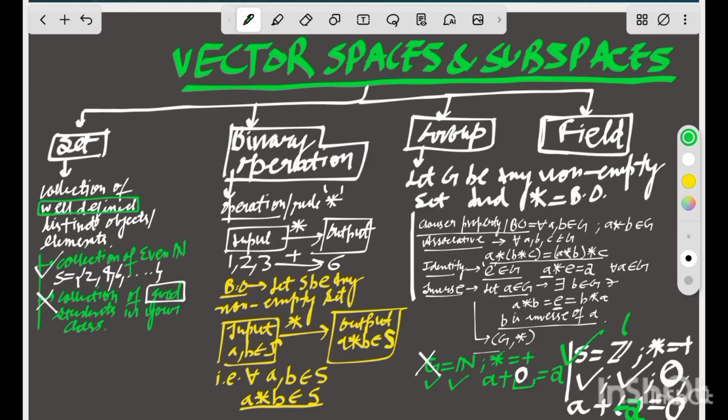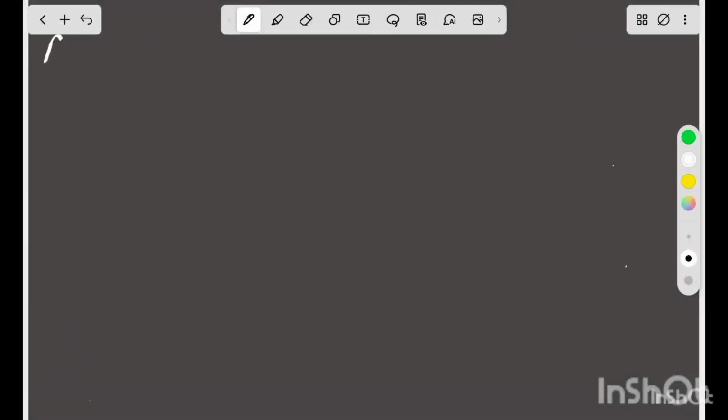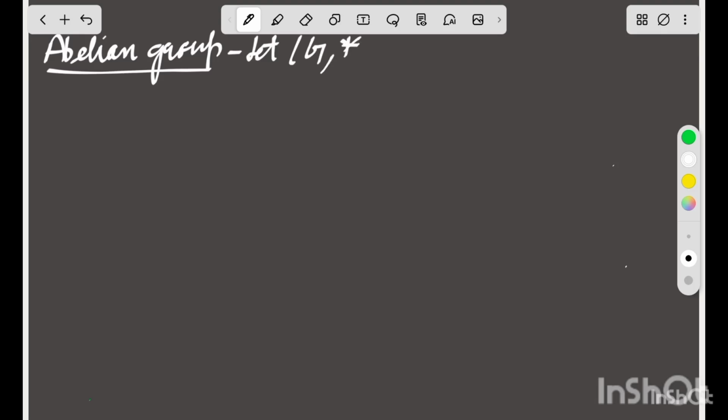We give the notation Z. Z under addition is a group. Next is the abelian group. Let G be a group with respect to an operation star. This group G is said to be abelian if it also satisfies one more property.